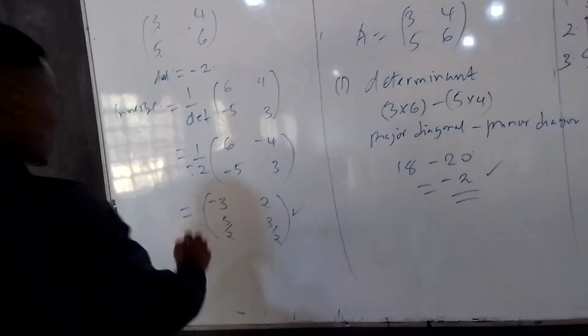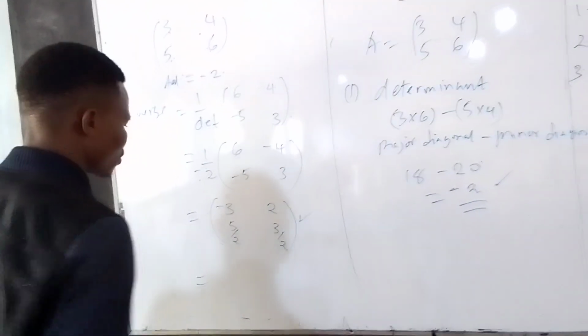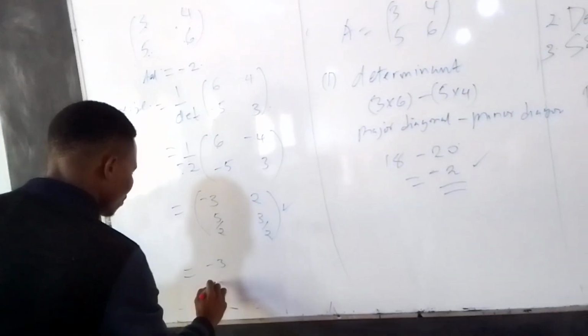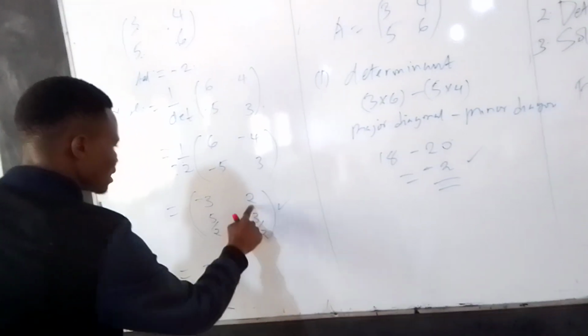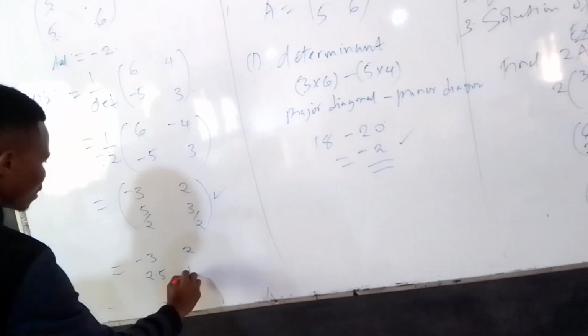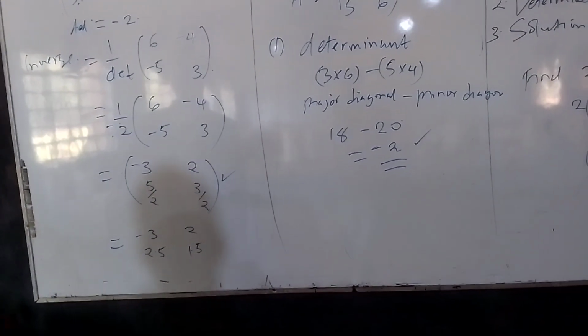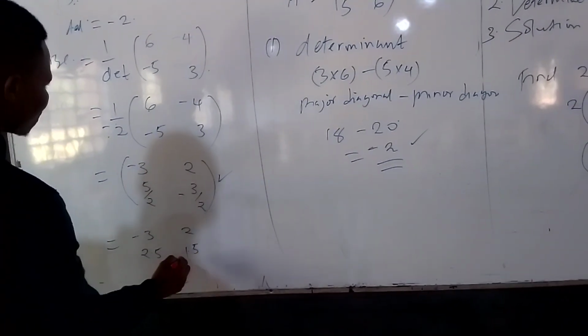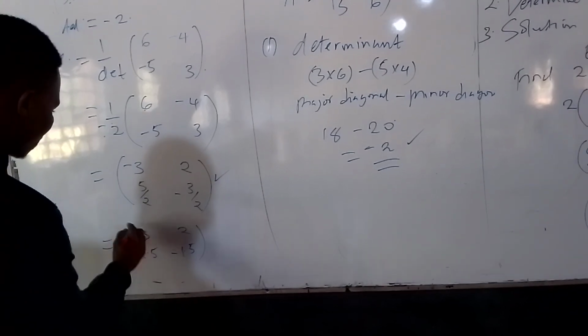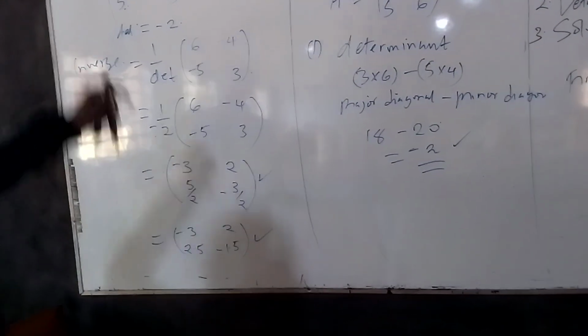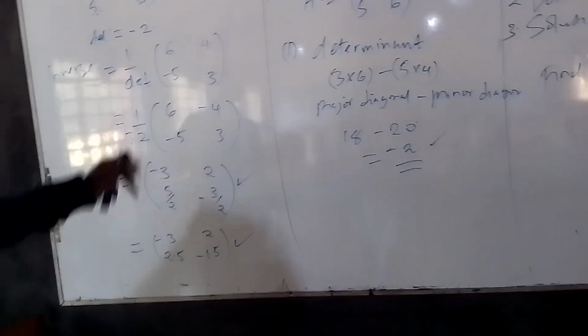Or you can make these ones decimal, so that this is negative 3, this is 2.5, this is 2, then this is 1.5. We have two negatives, this is a negative, this is also negative. This is a similar thing, so you don't need to worry about that. This is how we handle the inverse of a matrix.